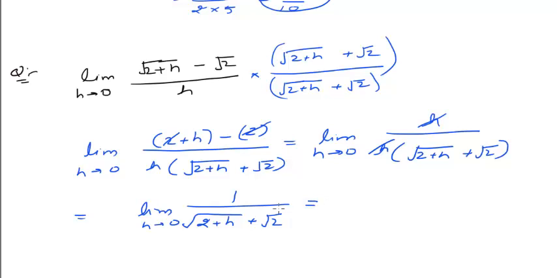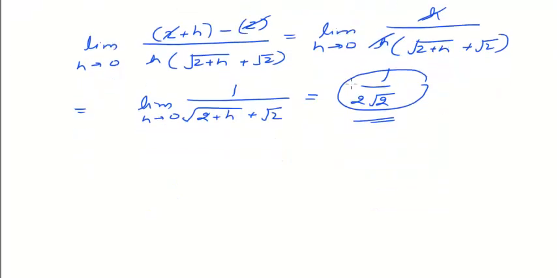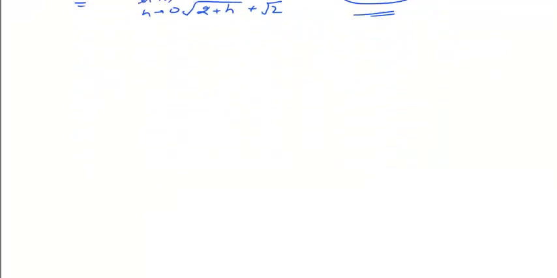Now if I substitute the value of the limit directly, what do we get? If I substitute h as 0, this will be root 2 plus root 2, that will be 2 root 2. So the value you are getting is 1 by 2 root 2. This will be your final answer. Clear, guys? Okay, let's move on to the next question from rationalization.